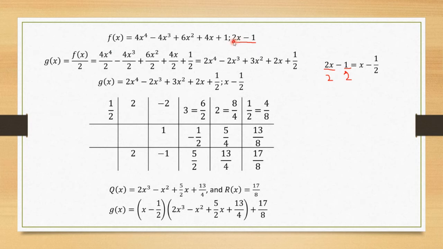Here, it's 2. No big deal. As I showed you last time, we can divide everything by a coefficient. We can divide our dividend, our f, by 2. That's what I'm doing here.